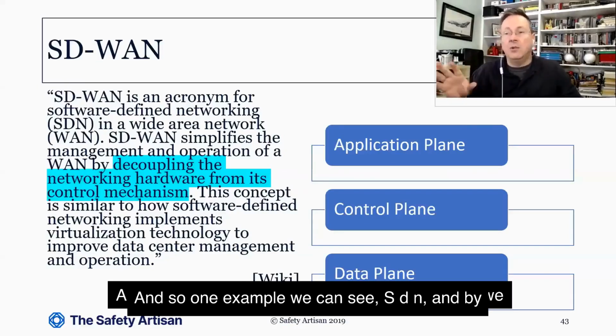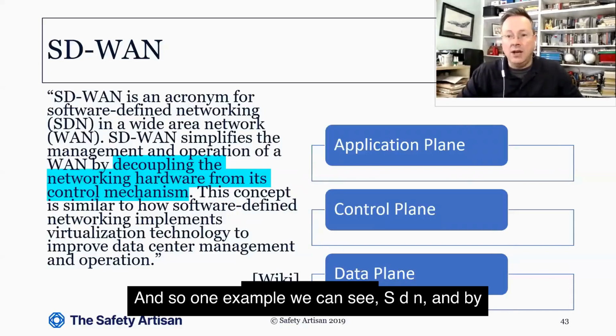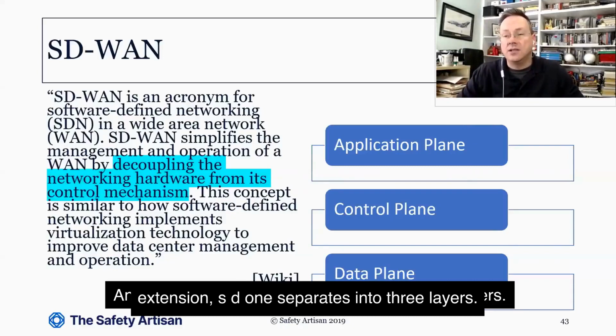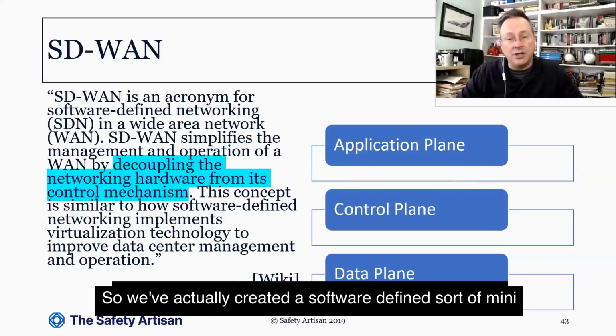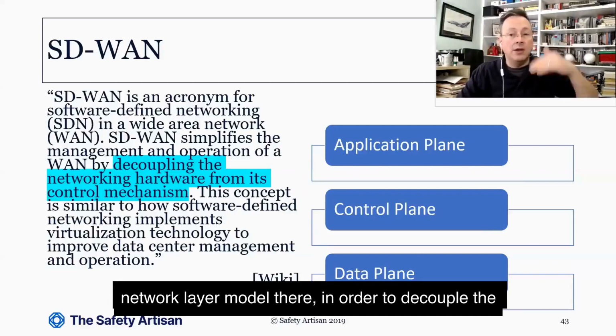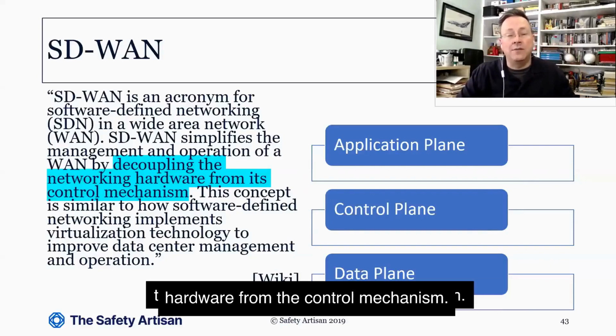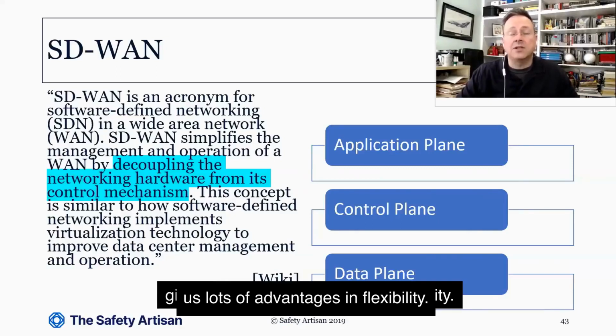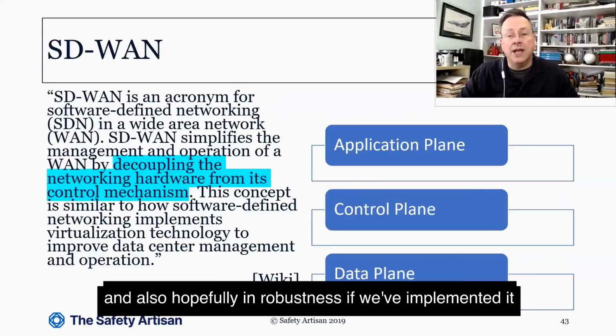One example we can see is that SDN, and by extension SD-WAN, separates into 3 layers. So we've actually created a software defined sort of mini network layer model there in order to decouple the hardware from the control mechanism. So now that presumably gives us lots of advantages in flexibility and also hopefully in robustness if we've implemented it well.